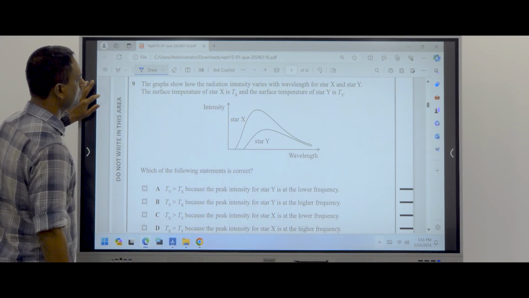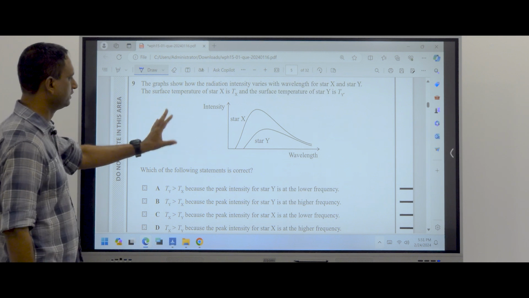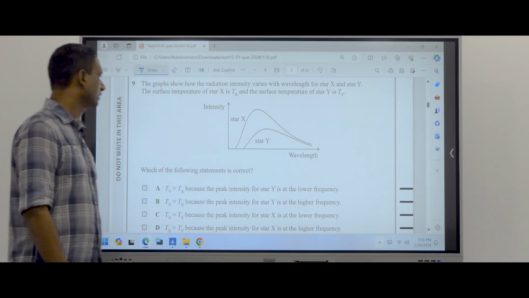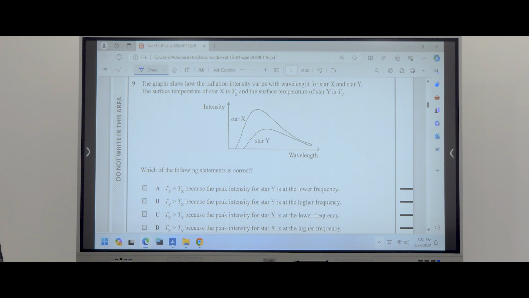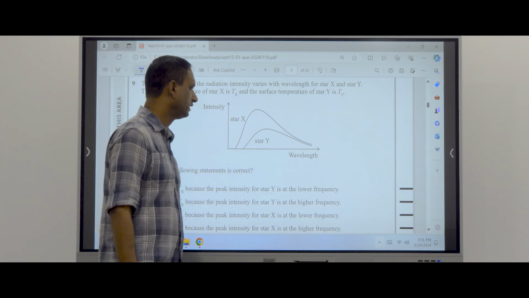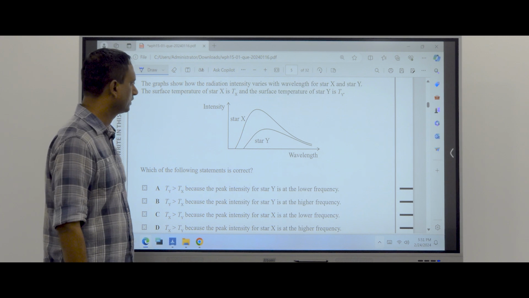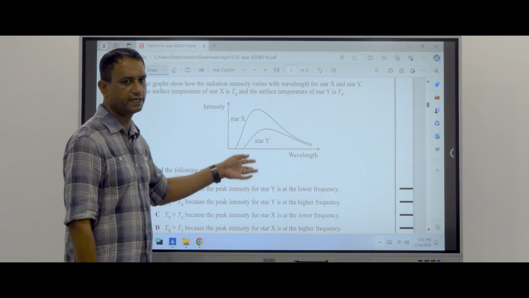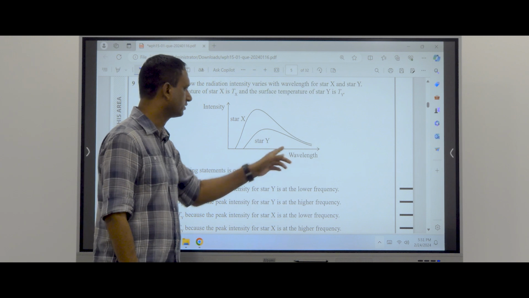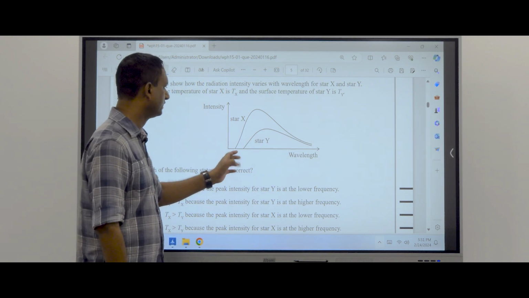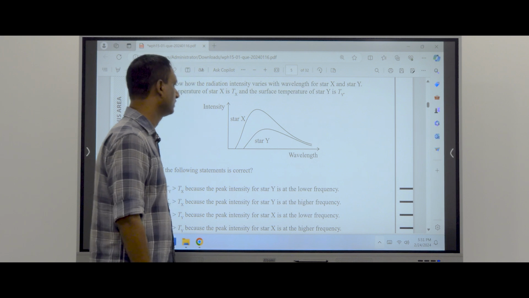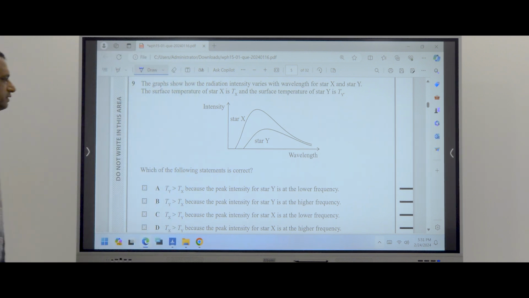This graph shows black body radiation curves for two stars. Clearly, when we see the graphs, we can say the temperature of star Y is less because the total energy is less. When the energy is less, the curve of star Y is lower than the other one.